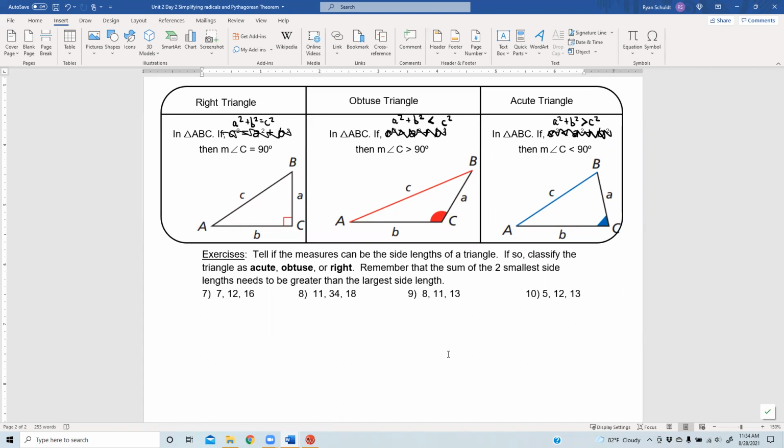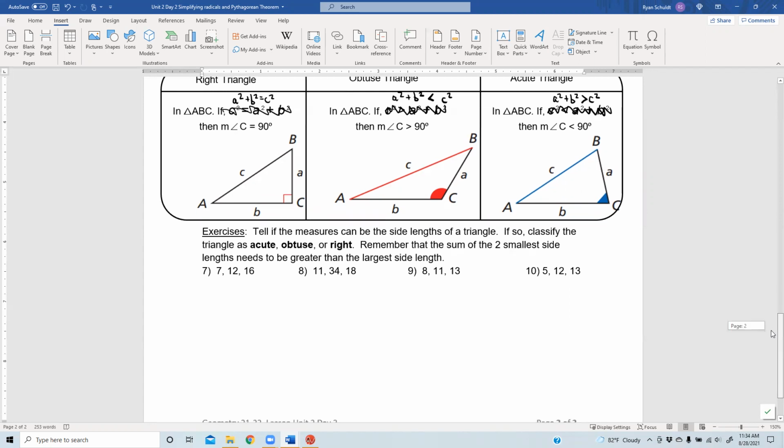So remember, we need to add the smallest two sides together and then see if it's greater than the largest side. Let's do that first, because if it's not, then we're done with that problem. We don't have to go any further. We're going to do all four of these and see if they can be a triangle. Then we'll go back and see what kind.